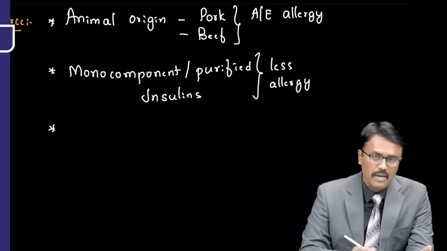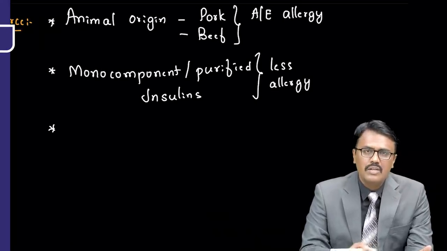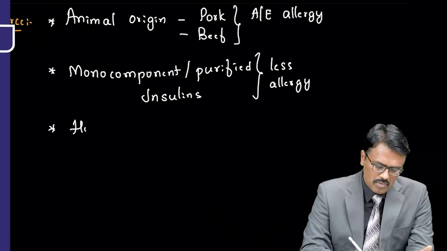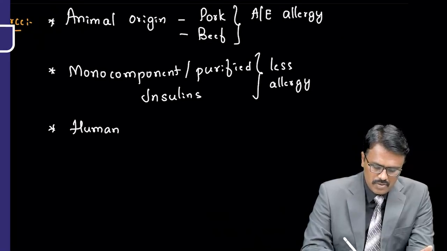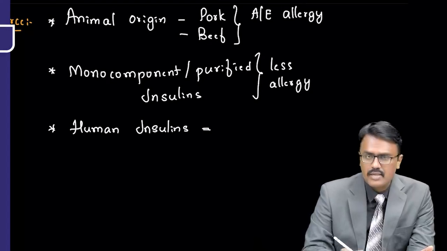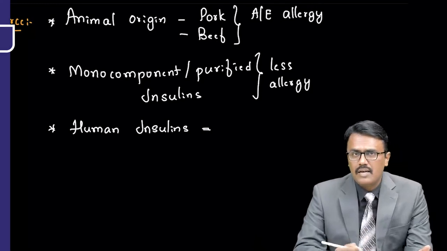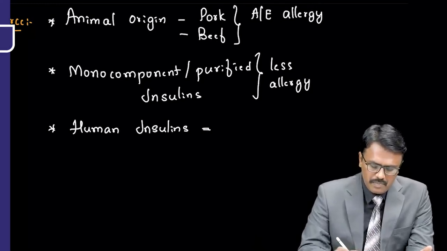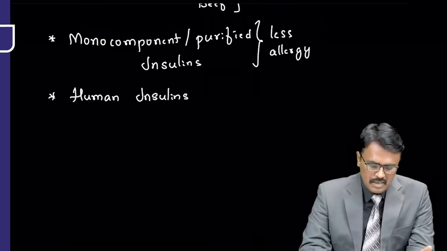Now moving on to the next one. Then we took the human insulin. So how do you make human insulins? There is a technology called recombinant DNA technology. From that we prepared human insulins.